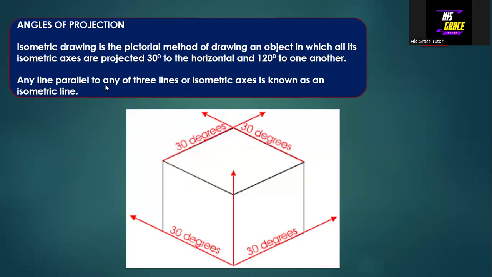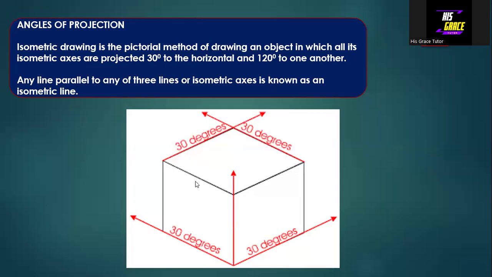Any line parallel to any of the three lines or isometric axes is known as an isometric line. So the major three axes, as we have talked about, are the left receding axis, the right receding axis, and the vertical axis. The receding axes are at 30 degrees to the horizontal, while the vertical axis is at angle 60 degrees to each of the receding axes.